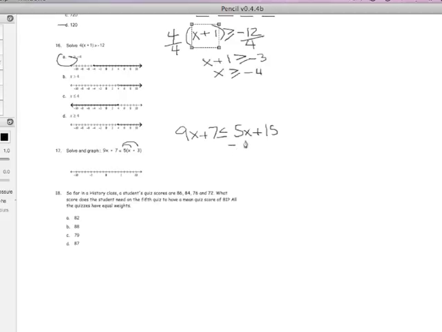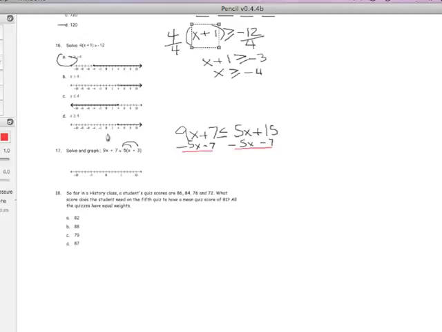And now we subtract 5x from both sides. Since we like to skip steps, we'll see ahead of time that these x's are going to cancel over here, and we're going to be left with a positive 4x. Let's do another step at the same time. Let's subtract 7 from both sides. So I'm doing 2 steps at once. Let's use red.